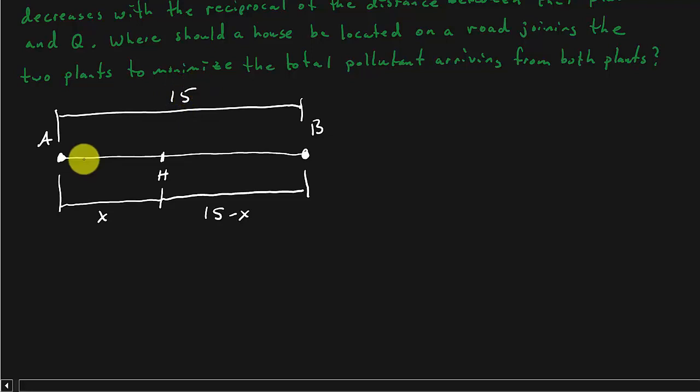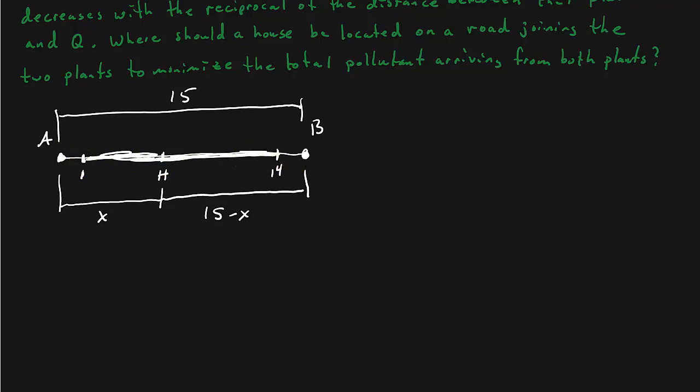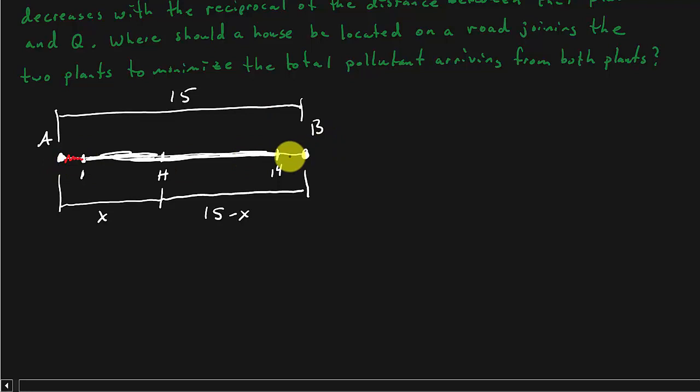And then also keep in mind that this is 1 and this would be 14, right? If this over here started at 0, and this area right here is what we're looking at, because we cannot build a house within 1 mile of each plant anyway. So there's that 1 mile gap right there on each one.